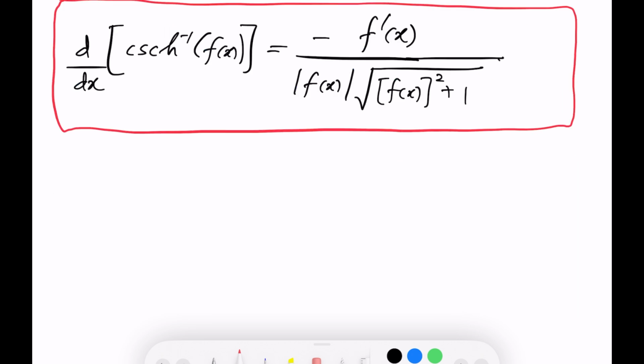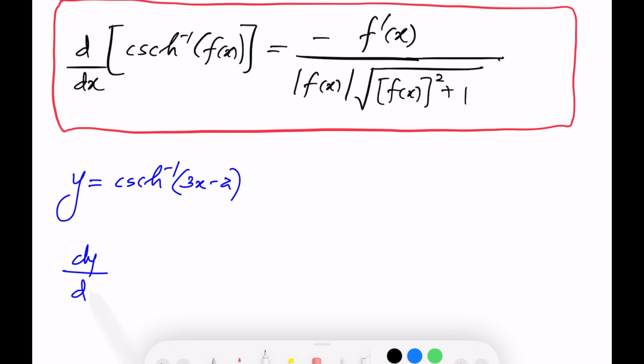We will also look at an example. Let's say we need to differentiate y equals hyperbolic cosecant inverse of 3x minus 2. dy by dx should be equal to, we need to identify that f of x is equal to 3x minus 2. Therefore, on the numerator, I will have a negative symbol, f prime x. Differentiation of 3x minus 2 is going to be equal to 3.